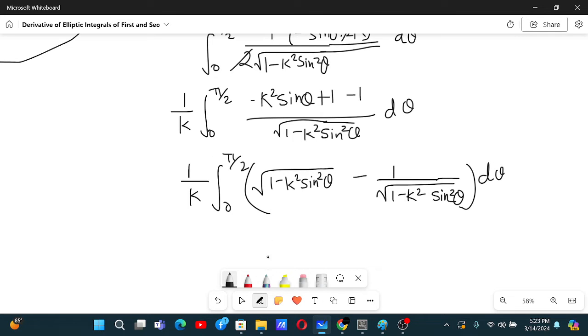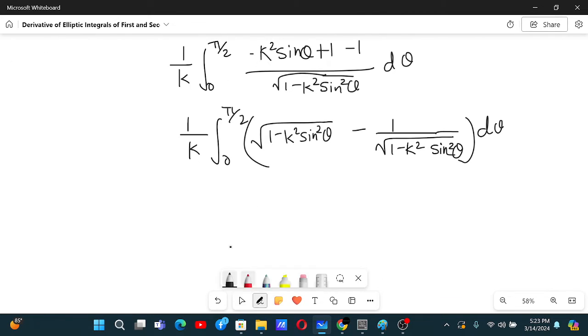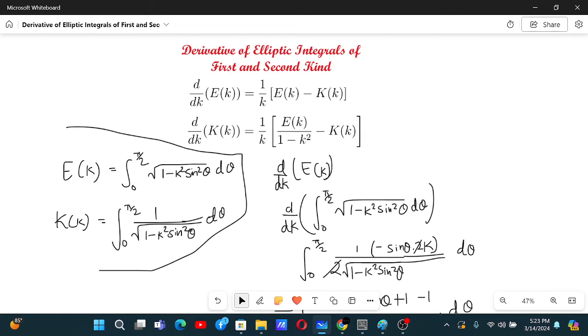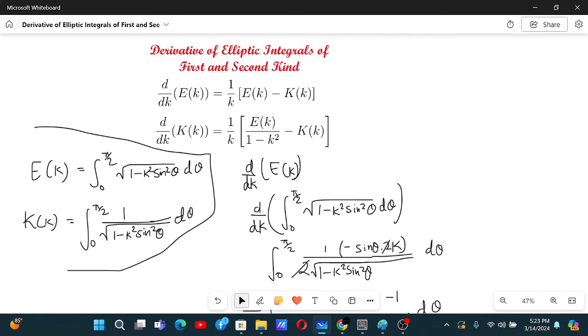So now we know that the first integral is just the elliptic integral of second kind, E of k. The second one is the elliptic integral of first kind, that is K of k, capital K of small k. And this is the answer for the first one. Let's see if this is correct or not. 1 by k, capital E of k minus capital K of k.